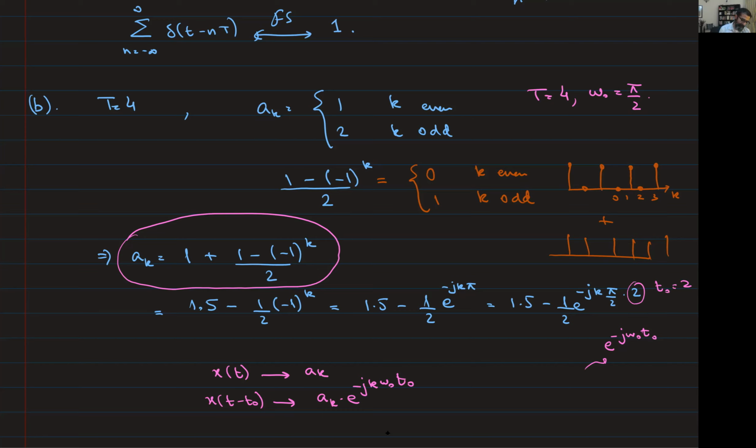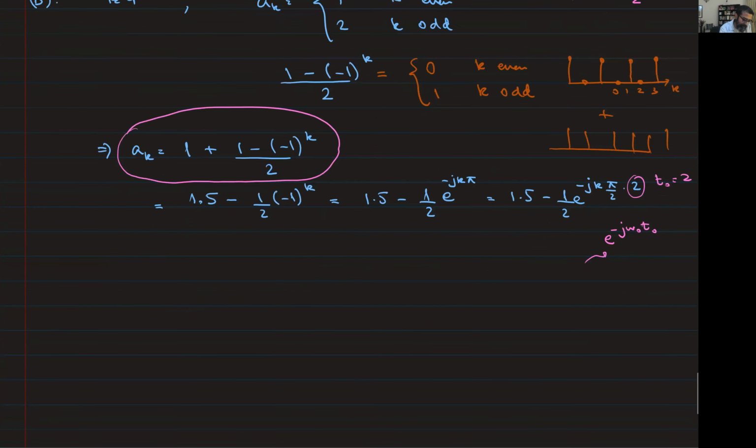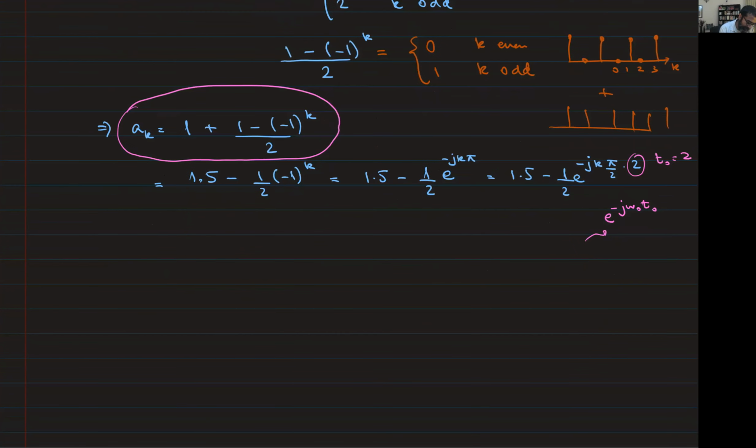Can you now guess what the signal should be? I use properties here. If AK was equal to 1.5, what would the inverse Fourier be?